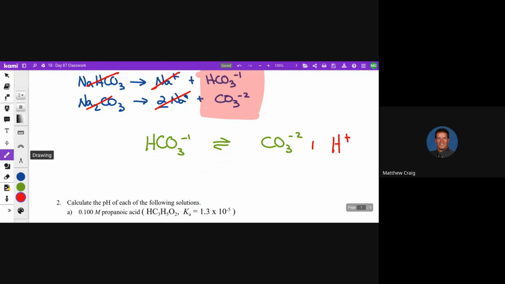And you would be correct because if we add a strong acid to this buffer solution, what the hydrogen is going to do is jump on the carbonate and form more bicarbonate by taking out the excess hydrogen, as long as we have a high enough concentration to absorb the hydrogen that we're adding.